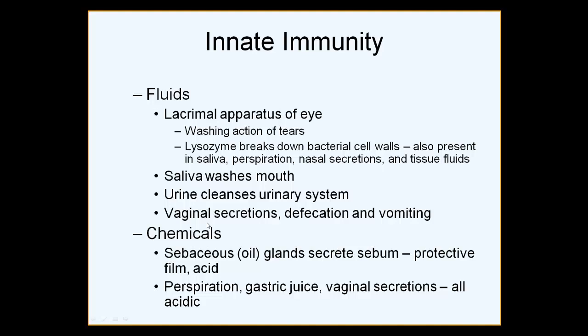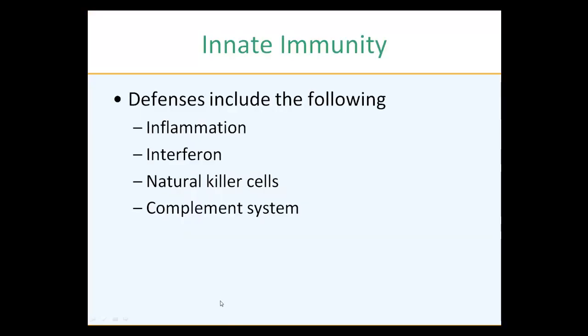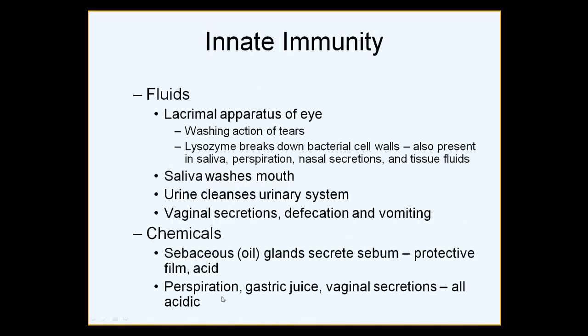The vaginal secretions are generally acidic, and they make life very hostile for organisms that want to grow in that area. We will have chemicals like oil from the sebaceous glands, the gastric juice, the vaginal secretions. All of these are acidic, and that again makes a very hostile environment for pathogens to grow.